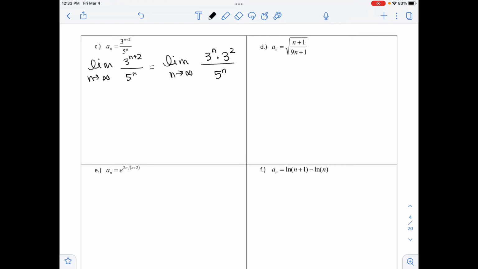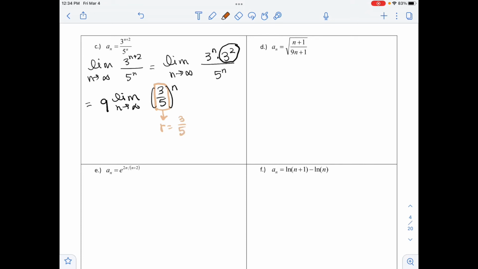So from here, the 9 that I have is just a constant, and I can pull it out in front of my limit for my limit rules. And I have the limit as n approaches infinity of, and I'm left over with 3 to the n and 5 to the n. So I'm going to rewrite it as 3 over 5 to the nth exponent. And since I have 3 over 5 here, this 3 over 5 is my r value, and r is equal to 3/5.